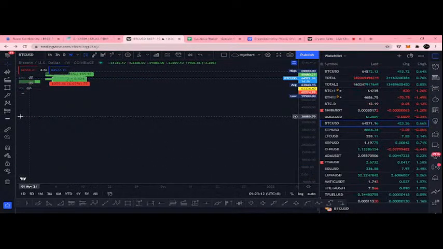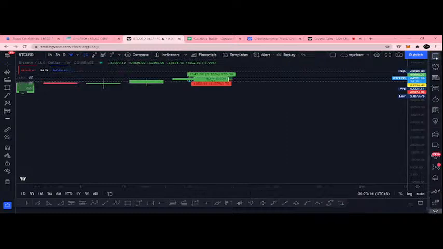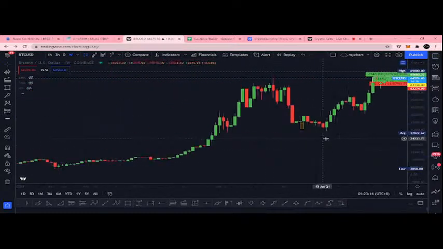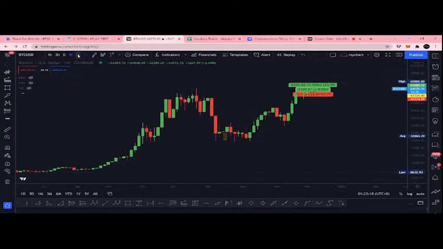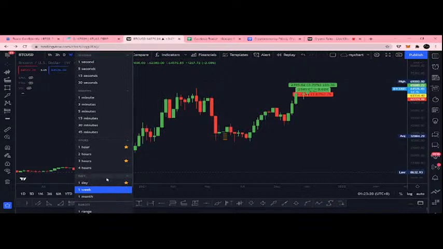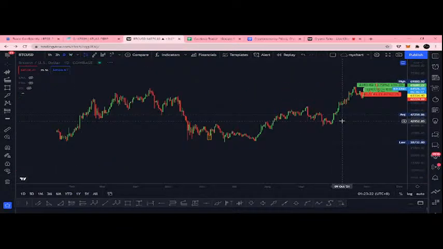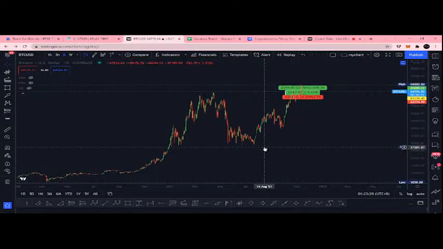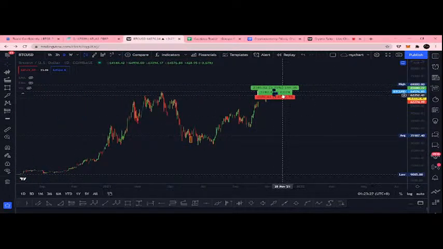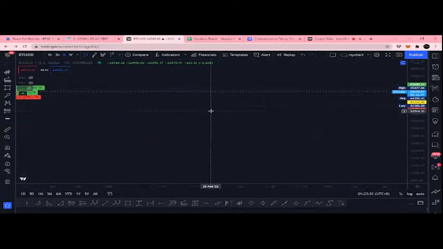My TP is the 69, which is my previous TP. It's part of my position that has not been closed, because I partially TP'd at 69,000 and then it went lower.